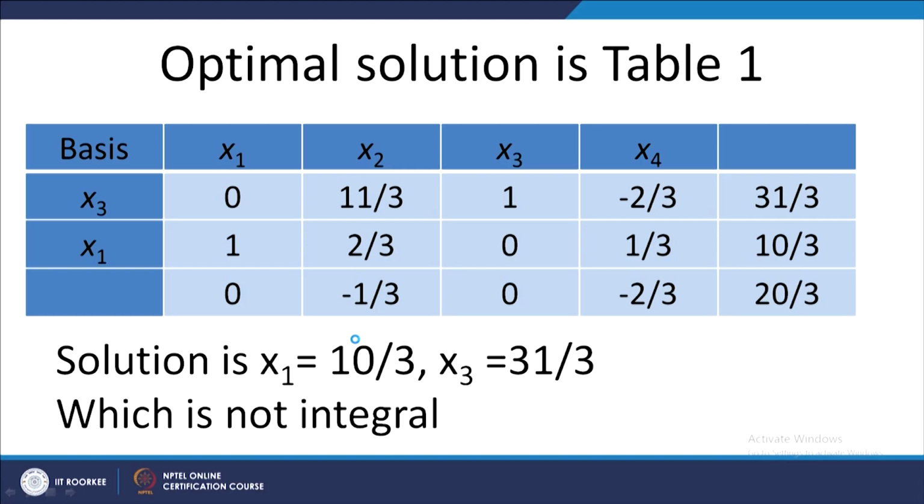Now the optimum solution to this problem is shown here in this table. You know how to solve it, treating it as just non-integral, and the solution to the problem is given by x1 equal to 10 by 3 and x3 equal to 31 by 3, which is non-integral. Therefore, since we want an integral solution, we need to impose a certain mechanism.